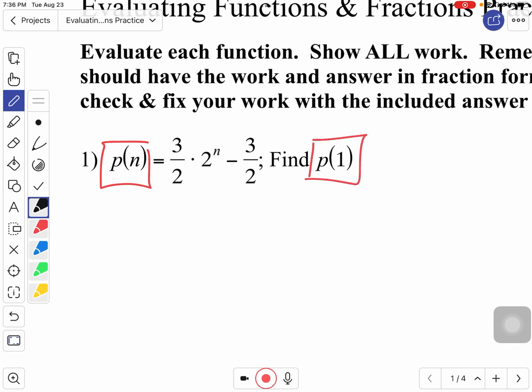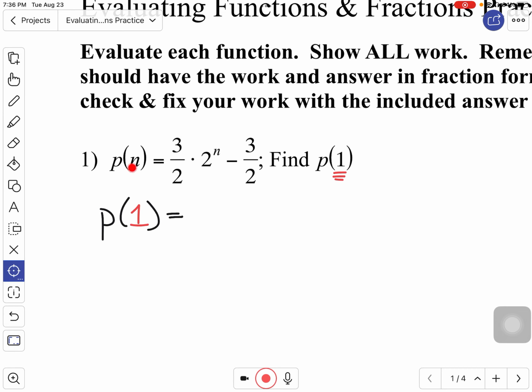So a great way to start is just to replace the n with the 1. So let's go ahead and give that a try. Instead of writing P of n, we're going to replace that n with a 1. And so that means anywhere in the problem I see an n, I now need to replace that n with a 1.